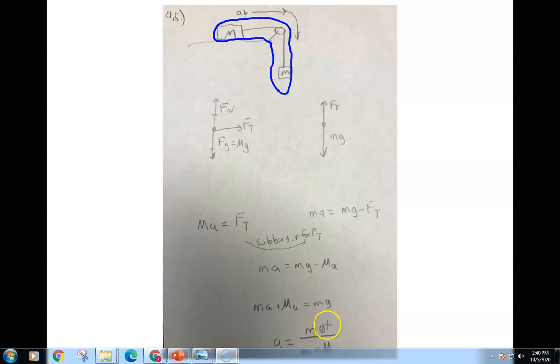So the only force that's going to cause the system to accelerate is little m times g, and the mass of the system is little m plus big M. So you can jump to this equation, skipping the force of tension route, if you draw that imaginary box. Let's work another one.